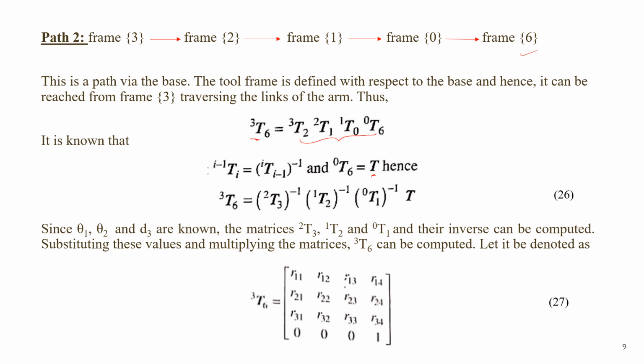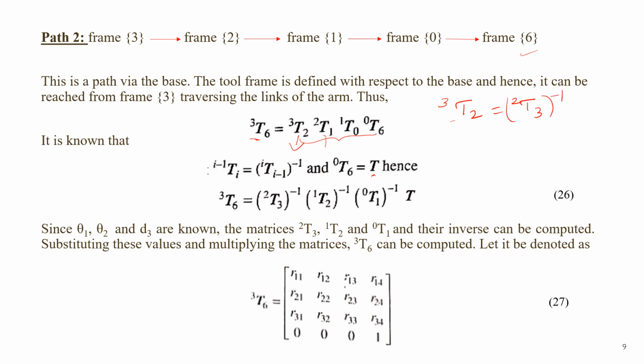T6 to 3 is nothing but the inverse of T3 to 2, and that is the inverse of this matrix. That is T2 to 1 inverse, or I'll just write it separately here. We are writing that matrix T2 to 3 is equal to T3 to 2 inverse.